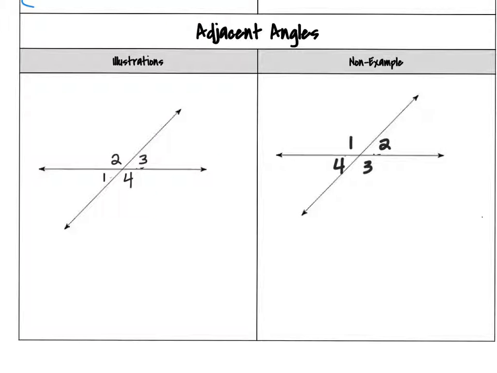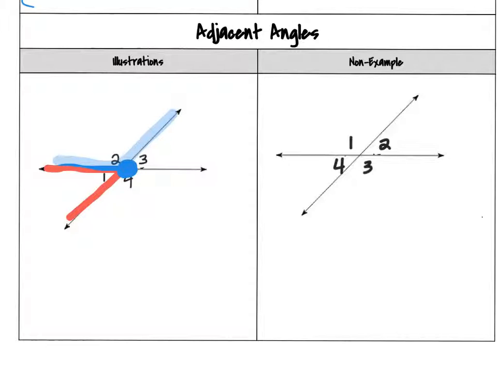Okay, so this example here, you might see some adjacent angles. You might see other ones too. So examples of adjacent angles would be ones that share a common side. So if you look, here's a common side, angle 1, angle 2 is touching that same side, and they meet at the same point, right here.